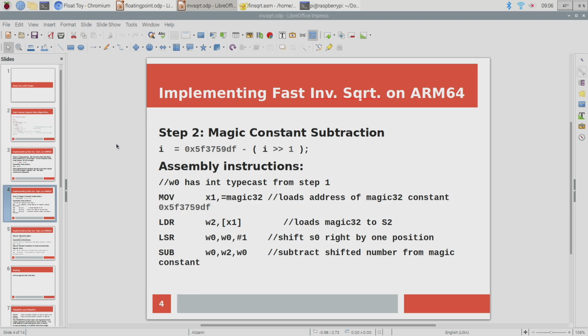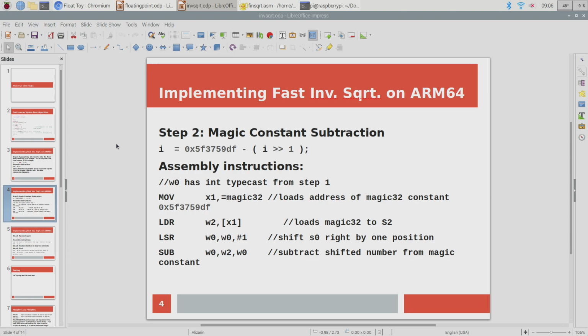Okay, and so what instruction is that? Well, that's the division by 2, but I'm doing this in integer land, so I don't want to use the division operator. I want to use a logical shift. Okay, so LSR by one position just shifts everybody one position to the right of my original number.